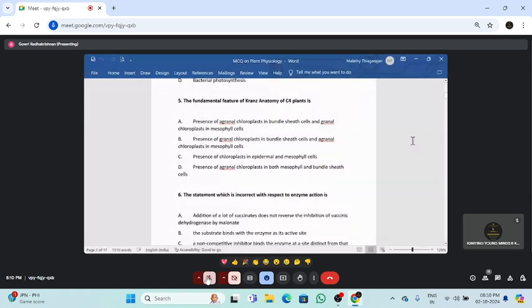The fifth one. The fundamental feature of Kranz anatomy of C4 plants is? All right, option one is the correct answer.